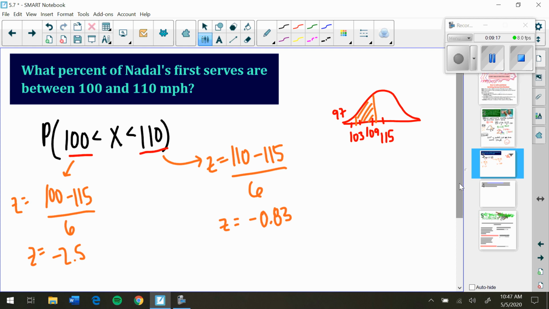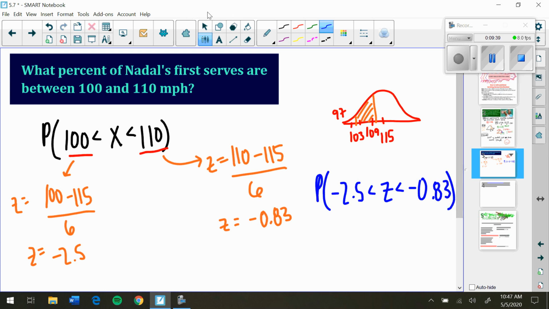So technically, what we are looking for is the probability that I have a z-score between negative 2.5 and negative 0.83.